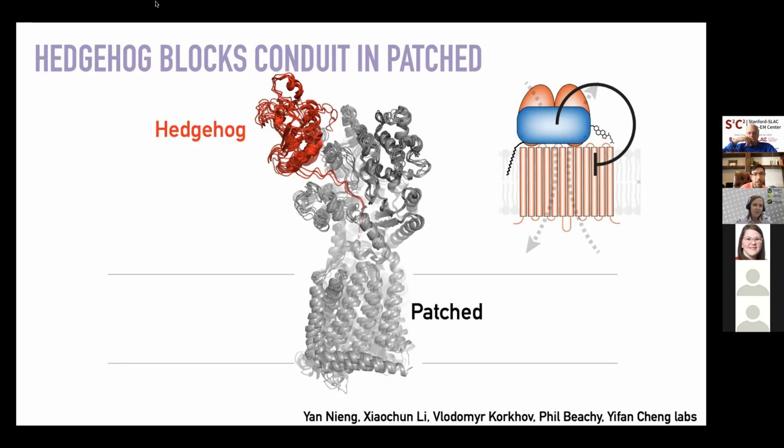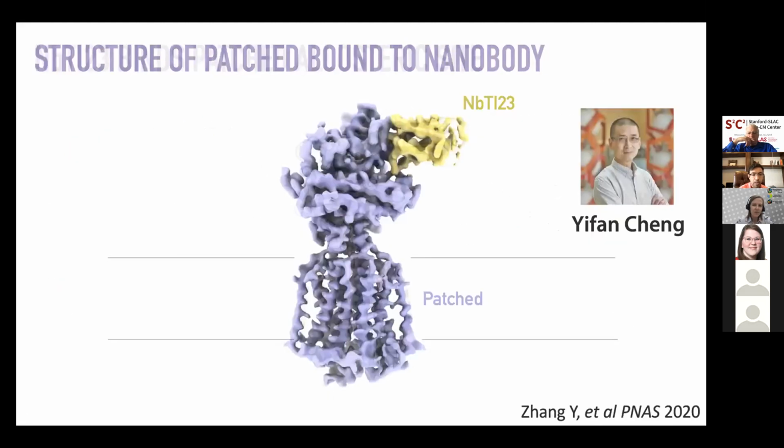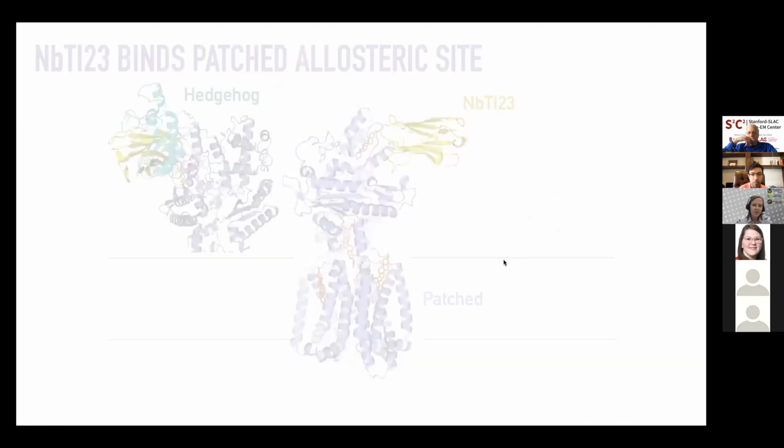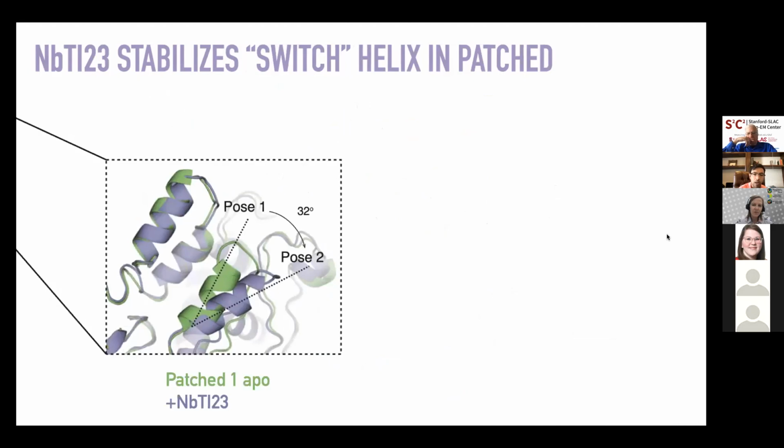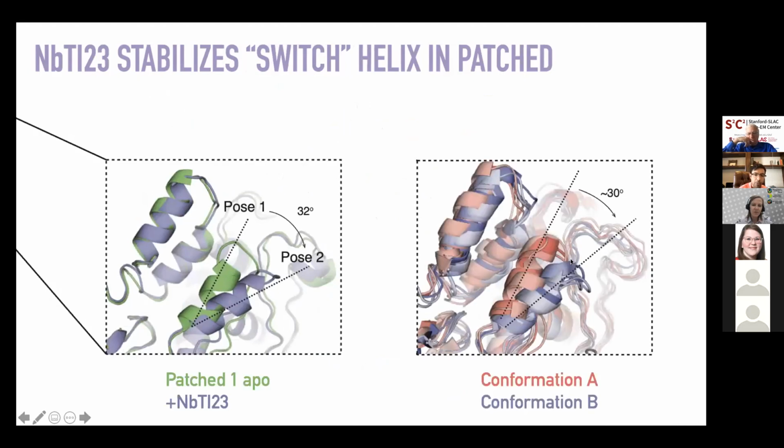HEDGEHOG itself probably doesn't limit this switch helix movement in the same way that the nanobody does, because what we see is that the nanobody really stabilizes one pose of the switch helix, whereas in the prior structures of patched that have been solved, some of these red conformations or blue conformations, when HEDGEHOG binds, the switch helix has been observed in both states. So clearly HEDGEHOG probably doesn't influence the conformation of this helix, but our nanobody, just by impinging on this helix, is able to recapitulate what HEDGEHOG does in a very different way, we think.